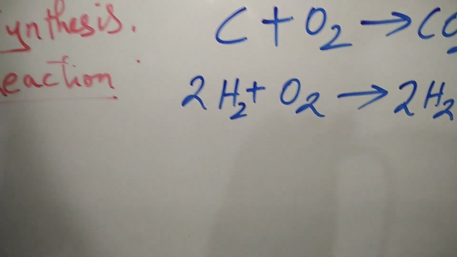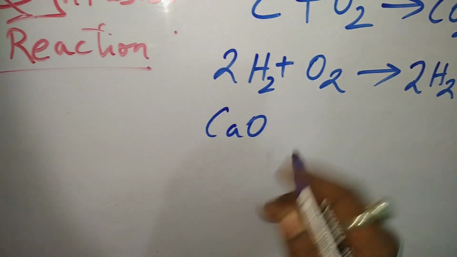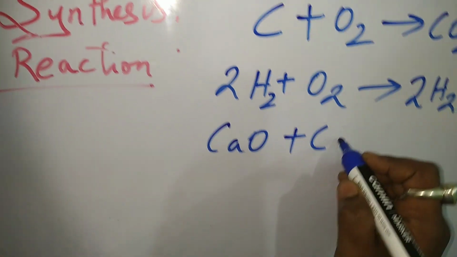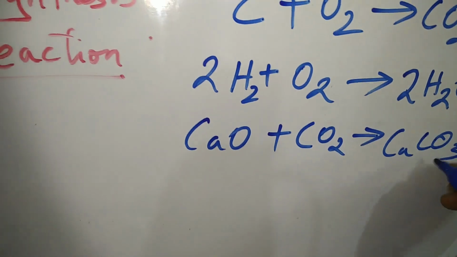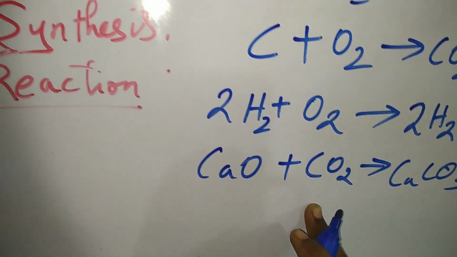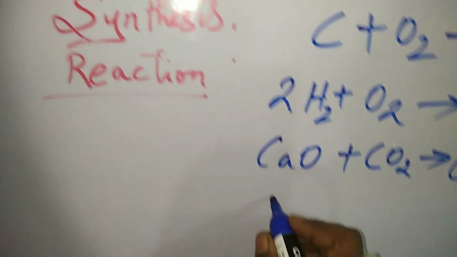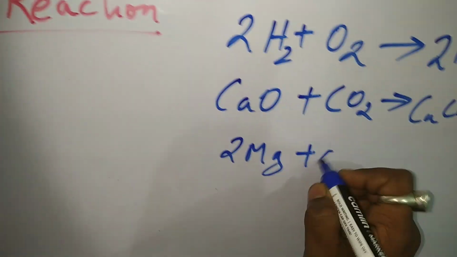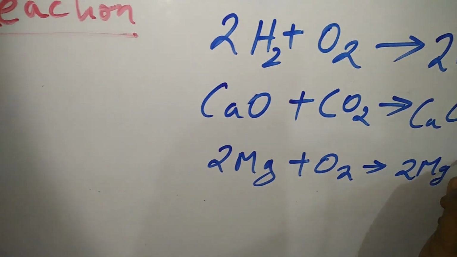Let's see other examples. CaO, calcium oxide, plus carbon dioxide forming calcium carbonate. See, two compounds, yes, right. Two magnesium plus oxygen forming 2 MgO.